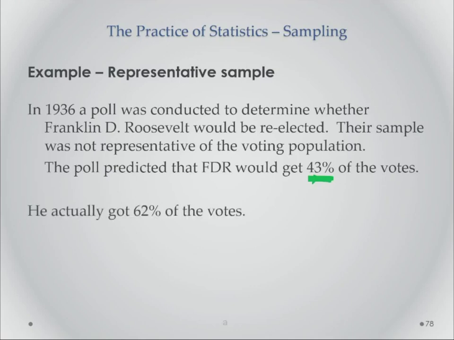In actuality, he got 62% of the votes. That is a 19-point difference. Now, one thing to note here is that this is percentage points. The difference between 43 and 62 is 19 percentage points, or a 19-point difference. We wouldn't say this is a 19% difference, because percent is a percent of something.